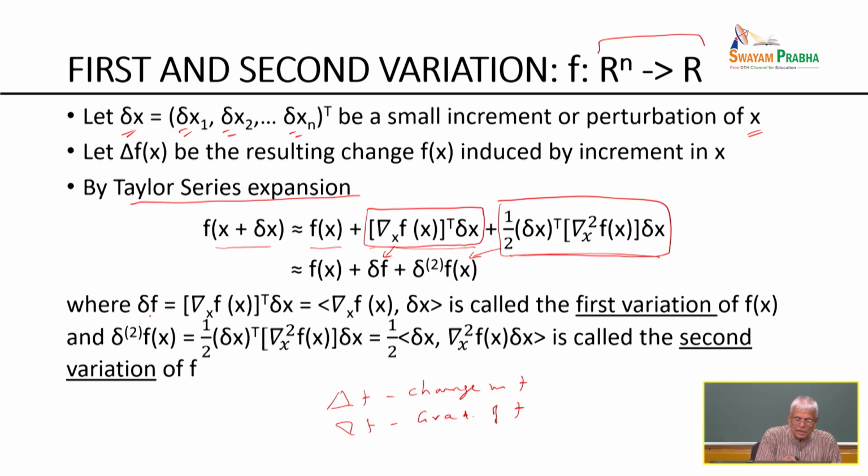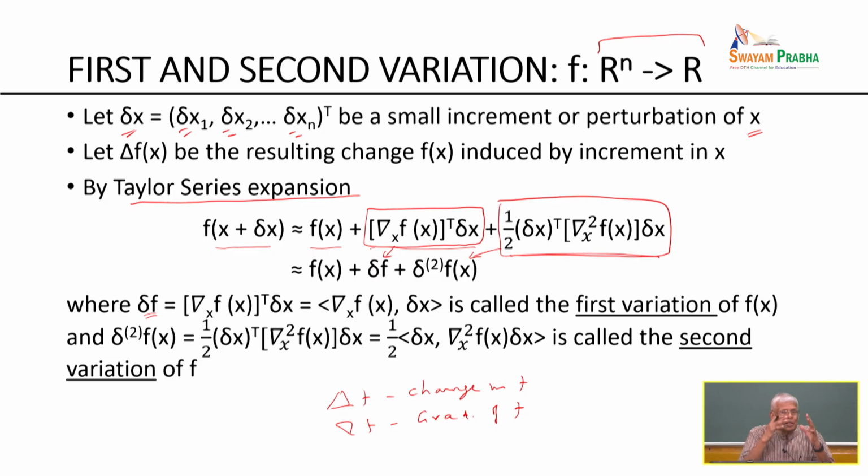This quantity delta f, I have expressed as the inner product of gradient times delta x. By definition, that's called the first variation in f of x. So what is the first variation? It is simply the directional derivative in the direction delta x. You remember the directional derivative I have already introduced.